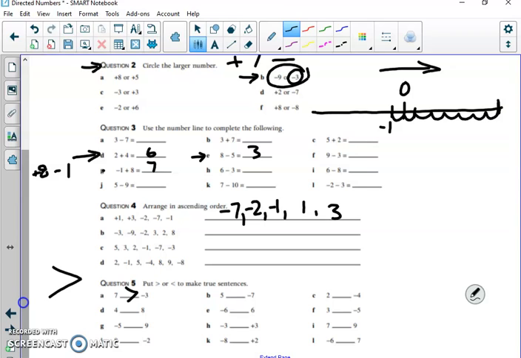Now I know that's like a grade 3 way of explaining it, but if my teacher brain still does it, if it helps even one of you, it's cool to put out my cheesy ways of doing my math. That is the greater than symbol. So if I said this sentence out loud, I would say 7 is greater than -3.